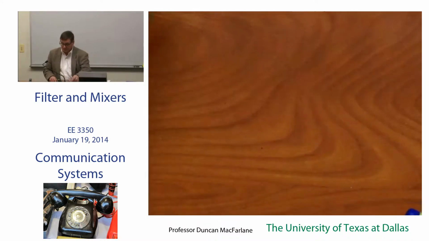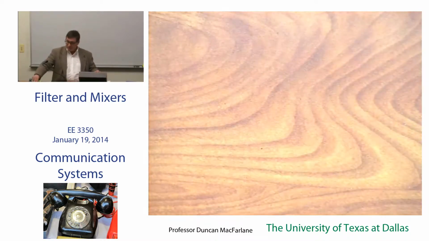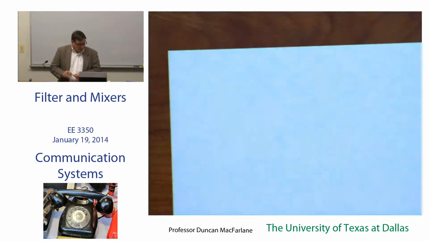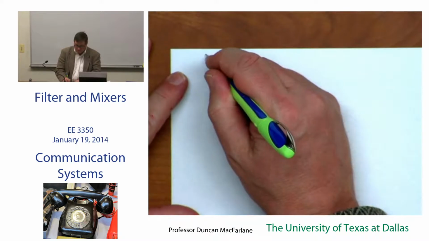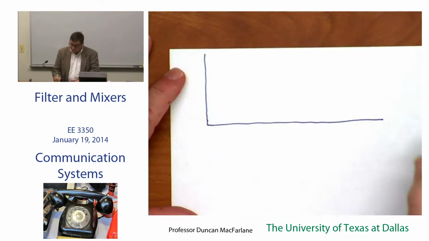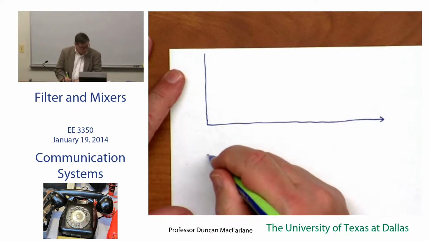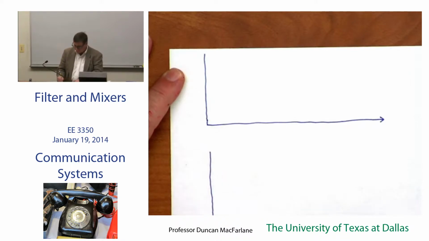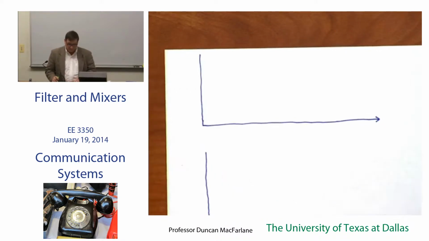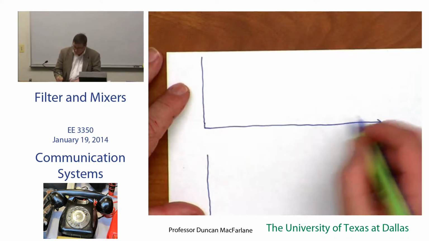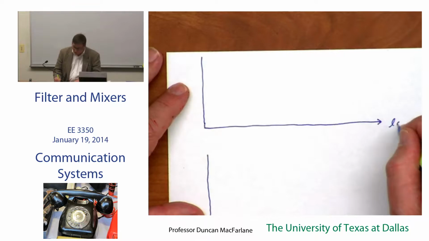Okay. And to draw the Bode plot, I want to look at a large number of frequencies, and so I'll draw the axis here as the log of omega RC.